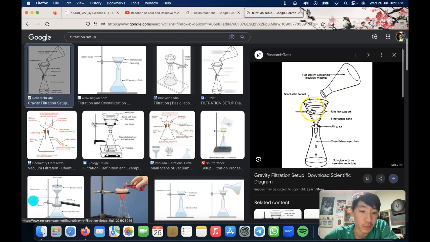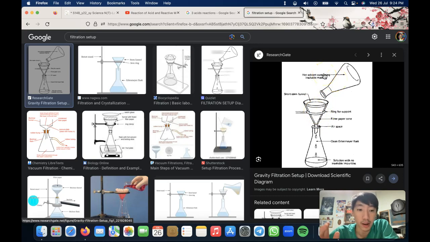You have filter paper as well as a filter funnel, and at the bottom you have a flask. Usually filtration is done when you have a mixture of something that is soluble and also something that is insoluble. For example, salt water and sand. Salt water is soluble, the salt is dissolving in the water, and then the sand is insoluble. So the sand will be trapped in the filter paper.